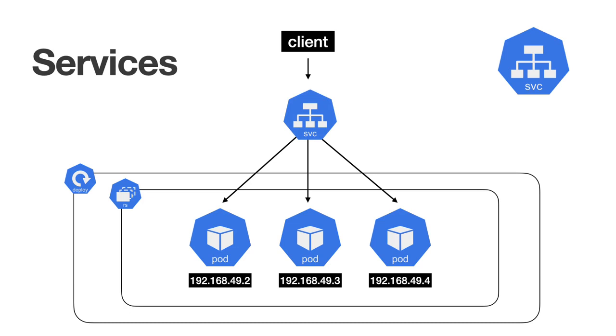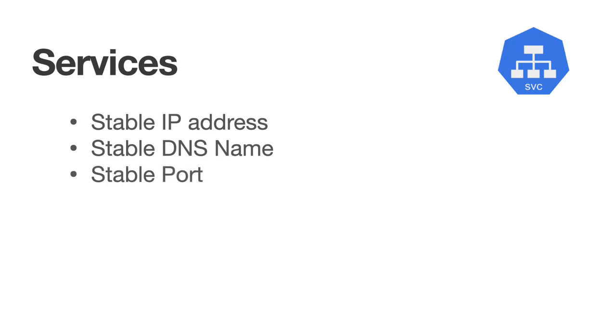This is an object in Kubernetes, and you'll see how everything works. Now that we have the service, this is much more reliable because the service itself comes with an IP address that never changes. It's a stable IP address. It also comes with a stable DNS name and a stable port.